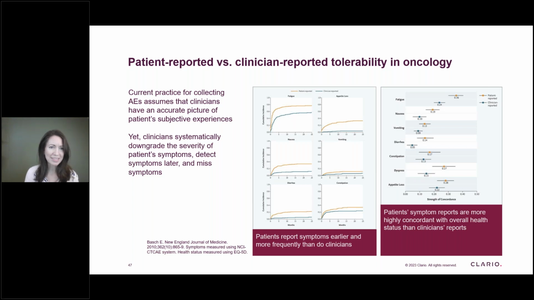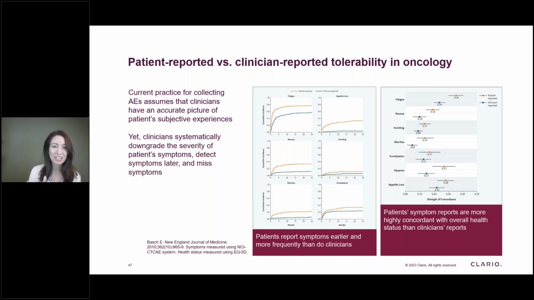But research has shown, as you see here, that these impressions are not always accurate. The first graph here shows patient-reported symptoms in orange and the same symptoms that were clinician-reported in blue, and it shows that those self-reports are more sensitive to those underlying changes in patients' functional status and actually identify symptoms earlier during the course of treatment.